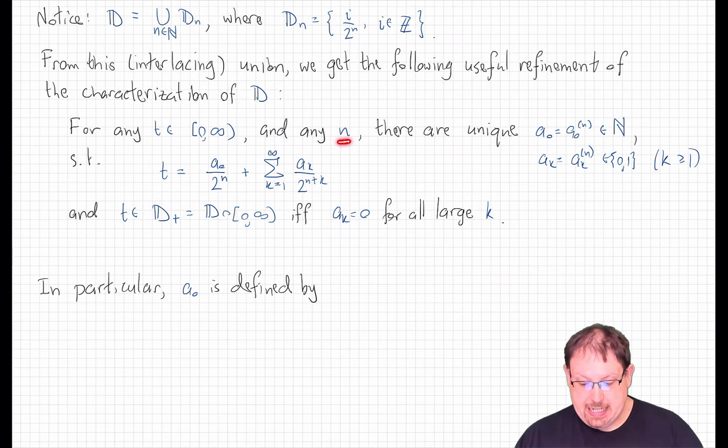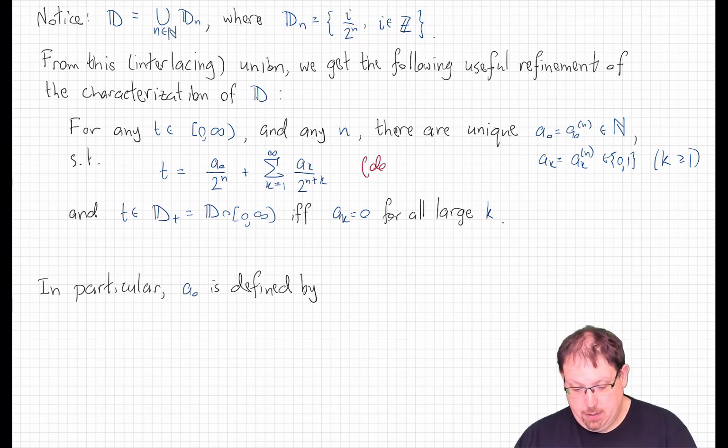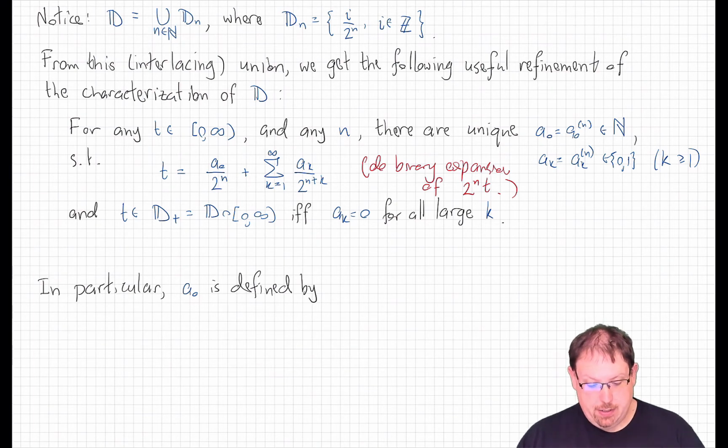If we fix any n, then we can represent any number t in the positive real line in this form here, which looks very similar to what we had for the binary expansion, except we've divided everything by an additional factor of 2 to the n. We just calculate them by doing the binary expansion of 2 to the n times t. And so we'll have the same result here.